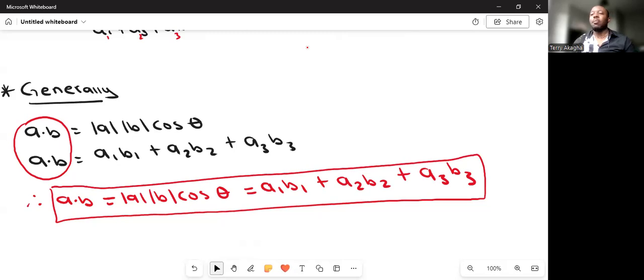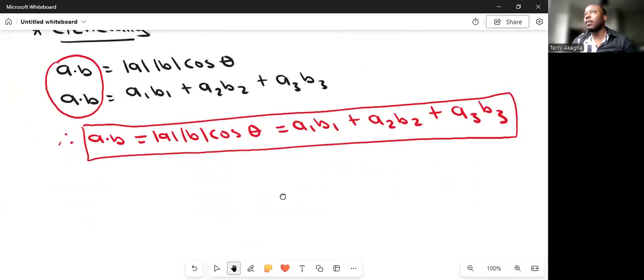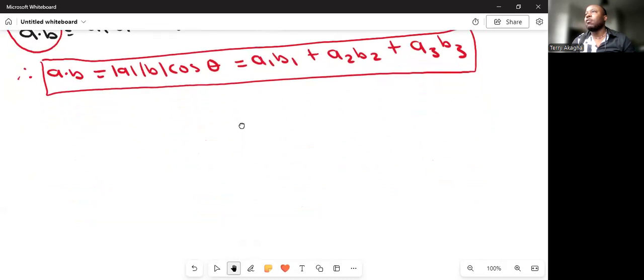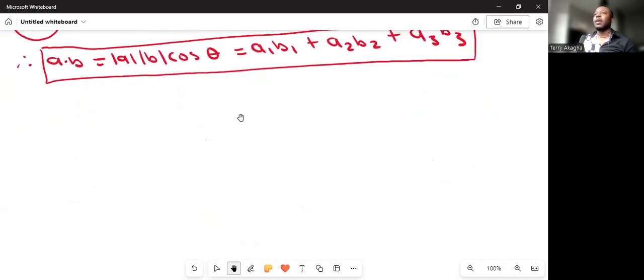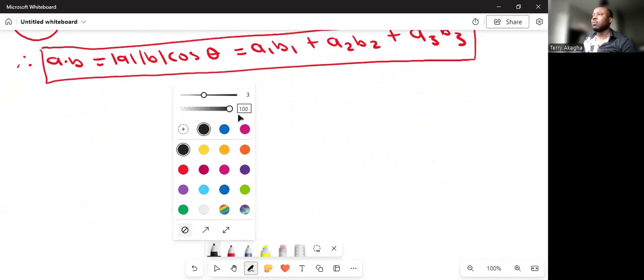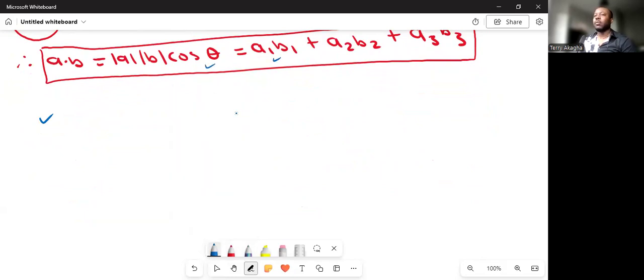Based on this formula, I can derive the first one. Since we've agreed to that, definitely, if we have it like this, one must be equal to the other. Are you seeing it?